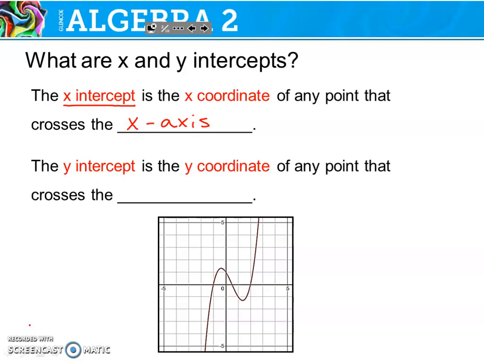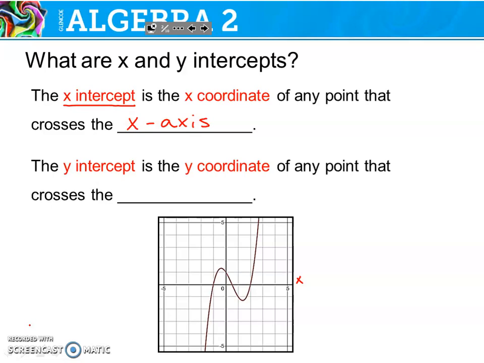So down below here, we've got a picture of a graph, and we are going to be looking at our x-axis. I want you guys to remember your x-axis is the axis that runs horizontally. So anywhere that this graph crosses the x-axis is going to be an x-intercept.